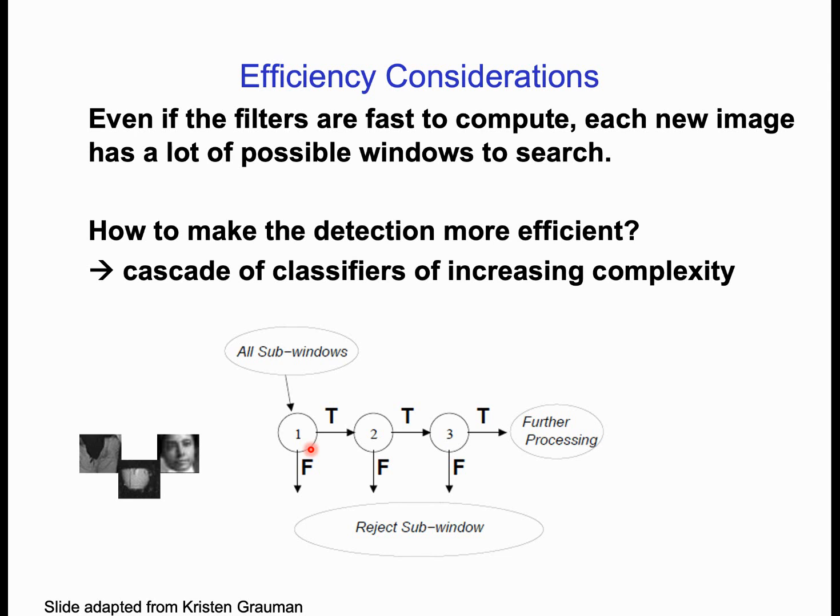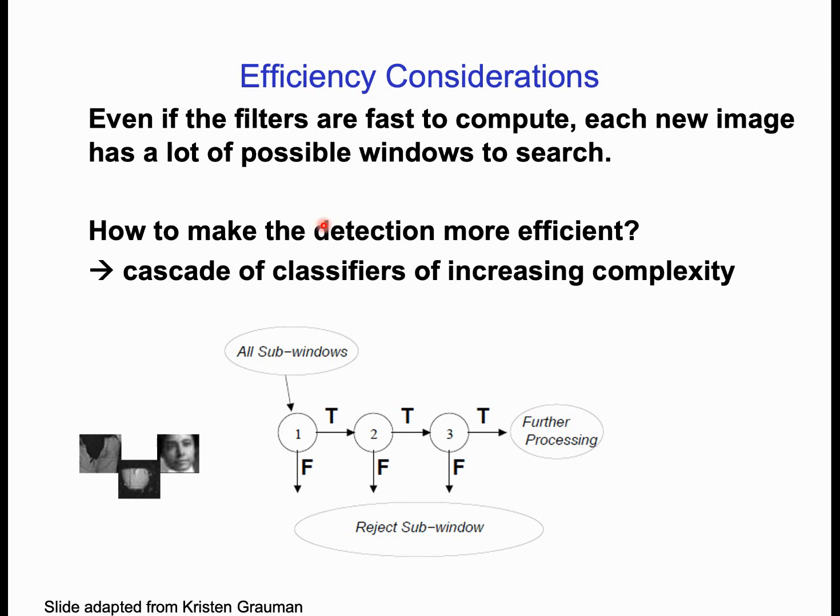Now, extracting so many features from all patches might still be quite expensive computationally. Even if each individual feature is fast to compute, I have to evaluate a lot of them. So how can we make it a little bit more efficient? The crucial idea here is to use a cascade of classifiers of increasing complexity.